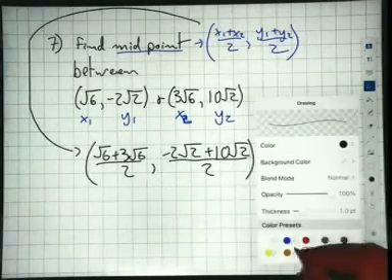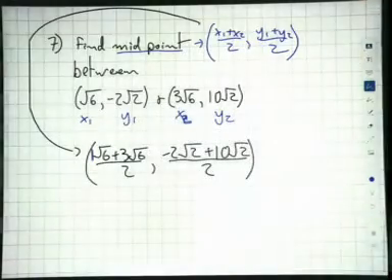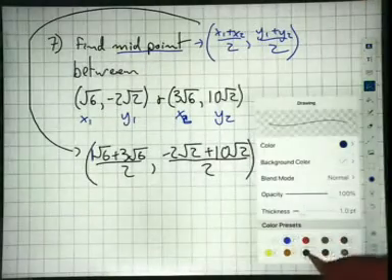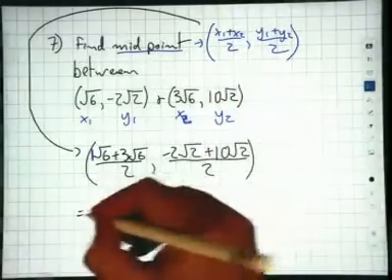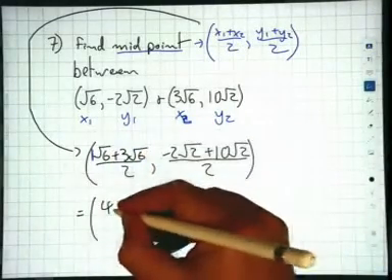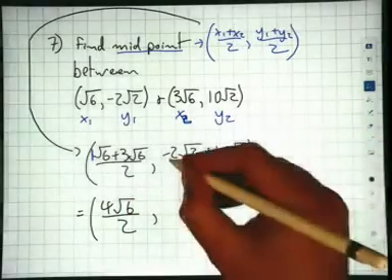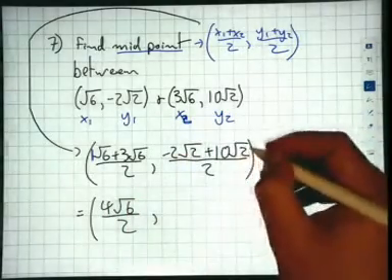And if it helps, recognize that there's a coefficient of 1 in front of that root 6. So now it's just a matter of combining our like terms together. 1 root 6 plus 3 root 6 is going to be 4 root 6 over 2. And then negative 2 root 2 plus 10 root 2.